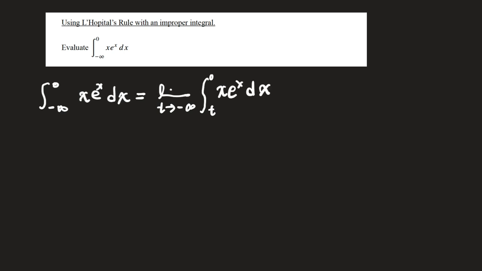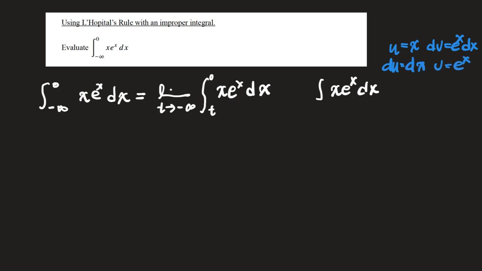First, you're going to find the antiderivative of x e^x, using integration by parts. So first, integral of x e^x dx. Quick review of integration by parts: u equals x, dv equals e^x dx, du is dx, v is e^x.